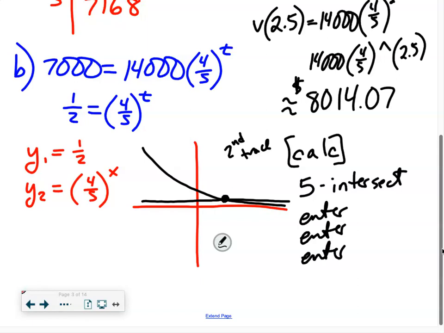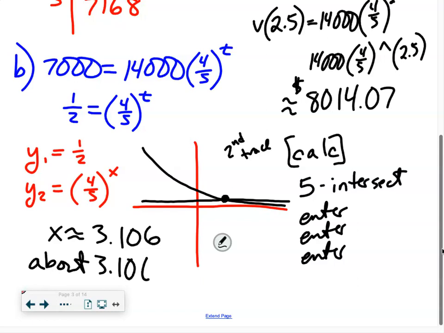Enter, enter, enter. And what it tells us then is that our x is around 3.106 when our y is a half. So it takes about 3.106 years for the car to lose half its value, which is pretty quick.